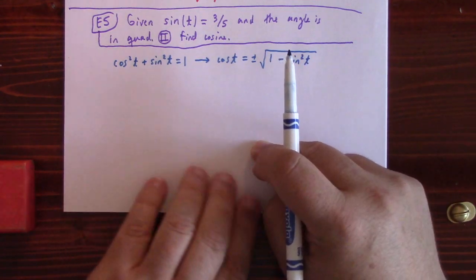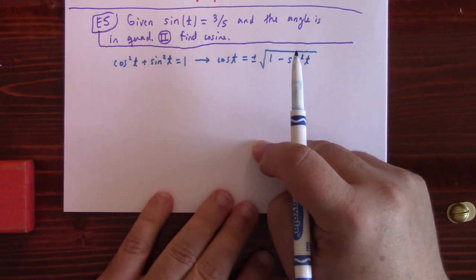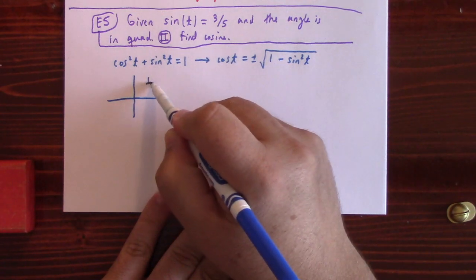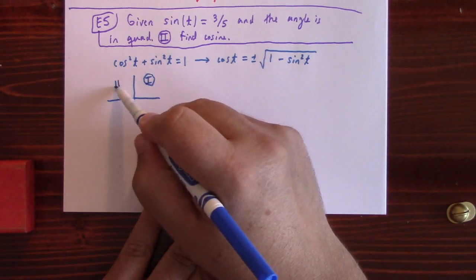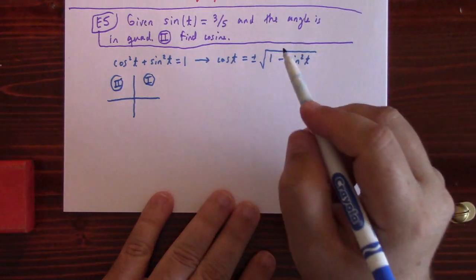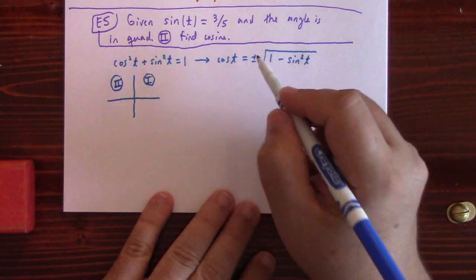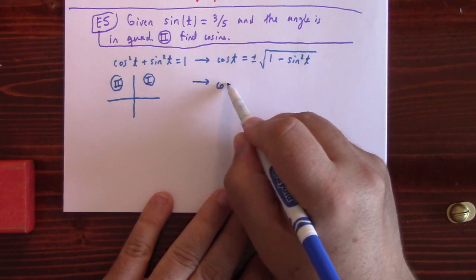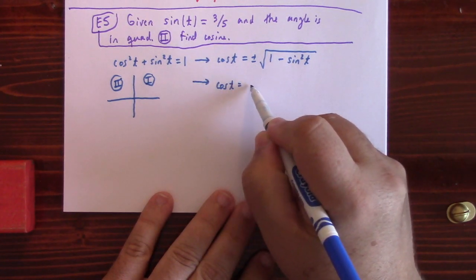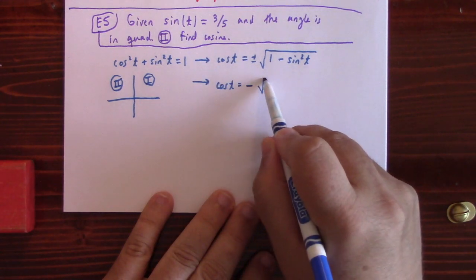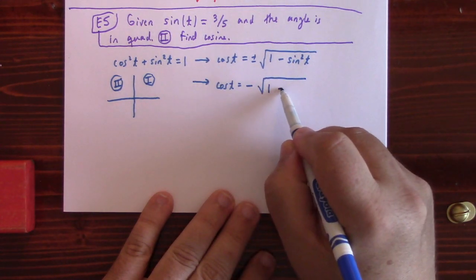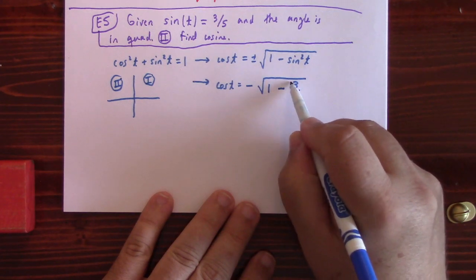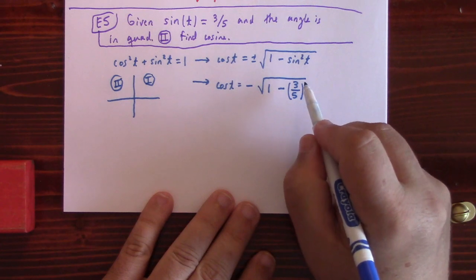Alright. And we're in quadrant 2, right? So 2 means we're going to choose a negative cosine. So we've got cosine t is minus square root 1 minus 3 over 5 squared.